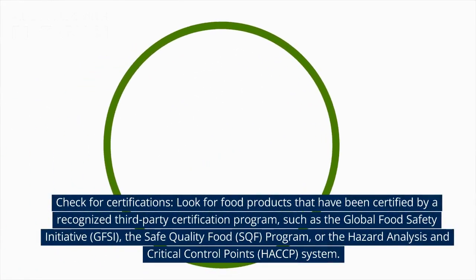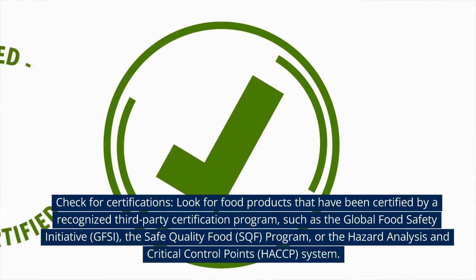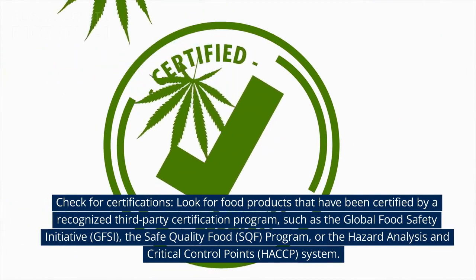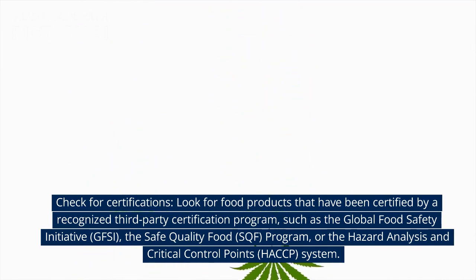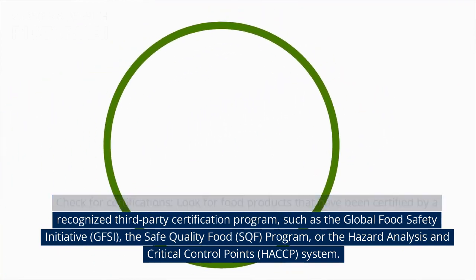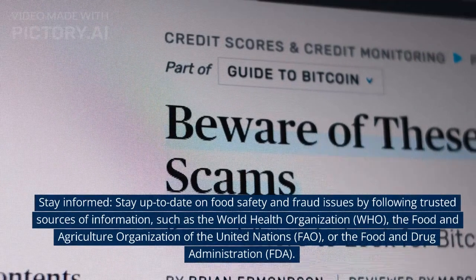Check for certifications. Look for food products that have been certified by a recognized third-party certification program, such as the Global Food Safety Initiative, GFSI, the Safe Quality Food, SQF, program, or the Hazard Analysis and Critical Control Points, HACCP, system. Stay informed.